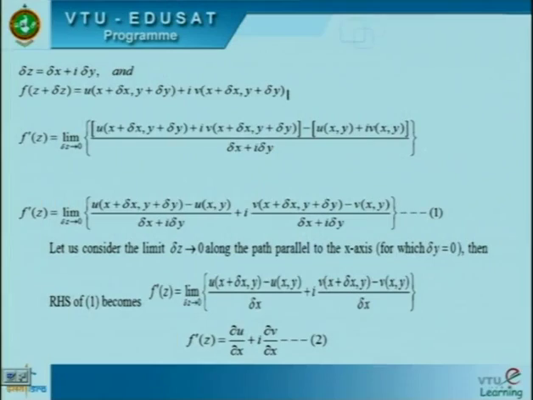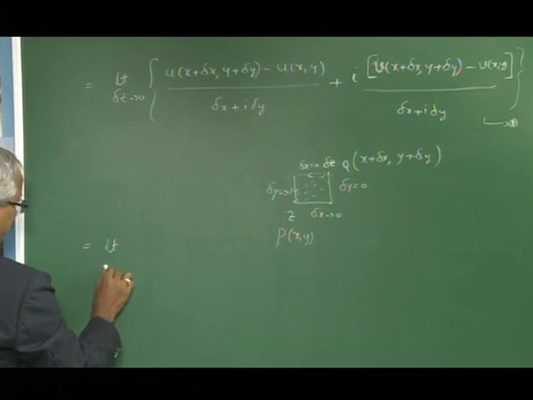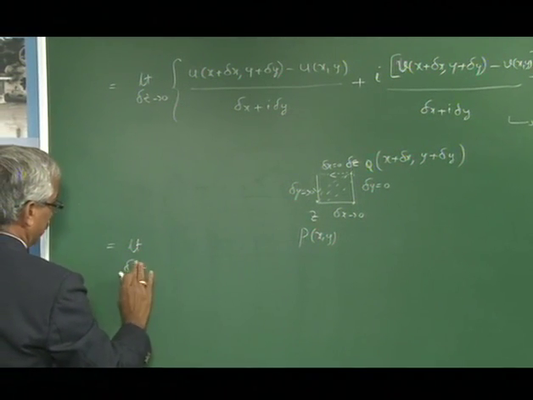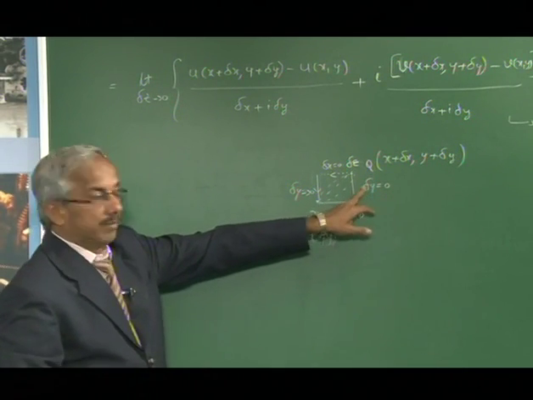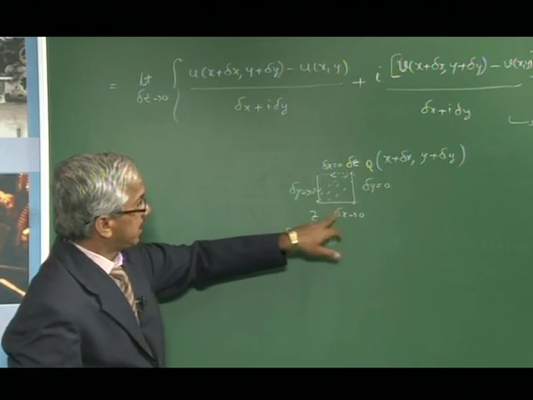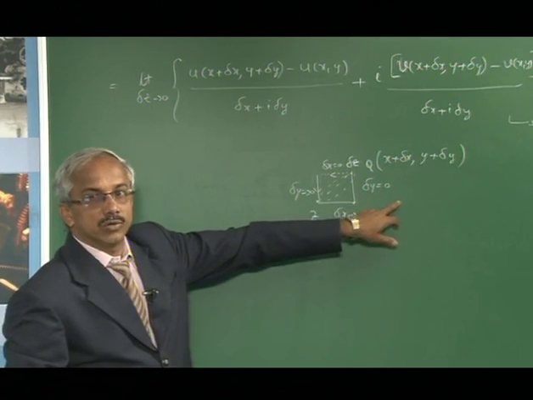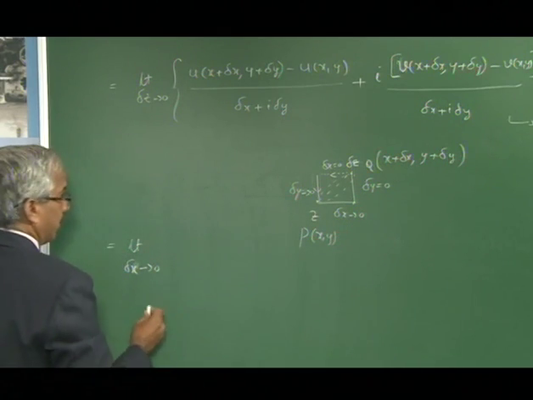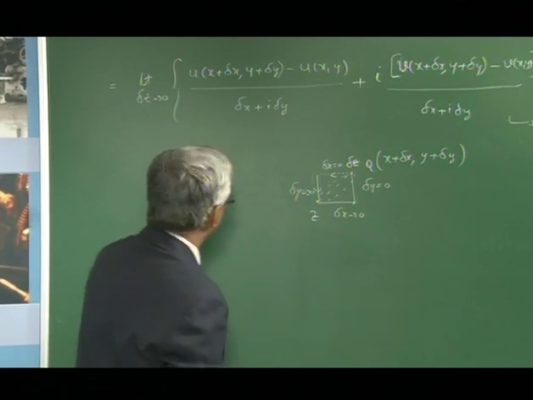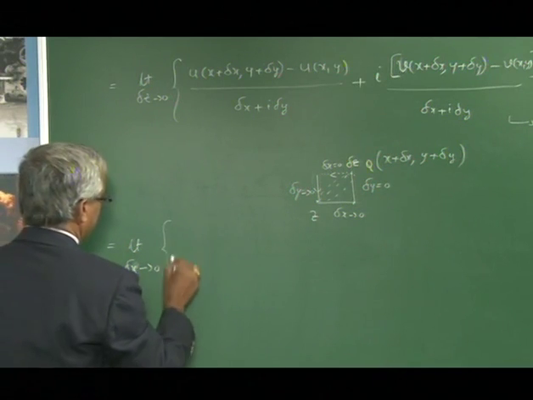If I use this case, then limit delta z tends to 0 means delta x tends to 0. Now, along the path parallel to the x-axis, delta y is equal to 0 and delta x tends to 0. So, replace delta y equal to 0 and approach delta x tends to 0.